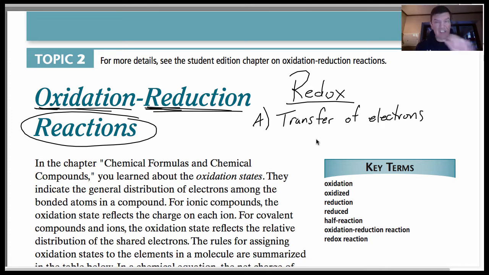So we talked about transfer of electrons when we talked about ionic bonds, and that would be two elements coming together, a metal and a nonmetal, bonding together to make an ionic compound. Here we have it happening in a reaction where there's something in one of the reactants that is going to transfer electrons to something else that is going to end up being the other reactant.